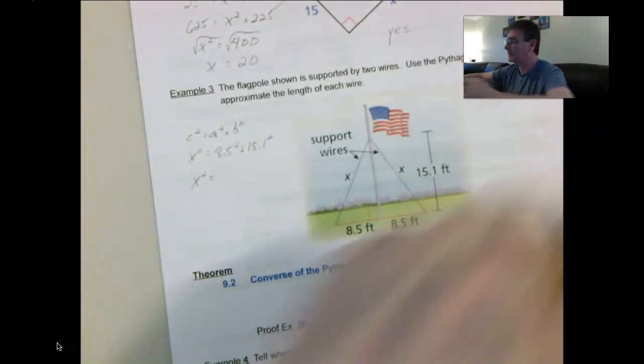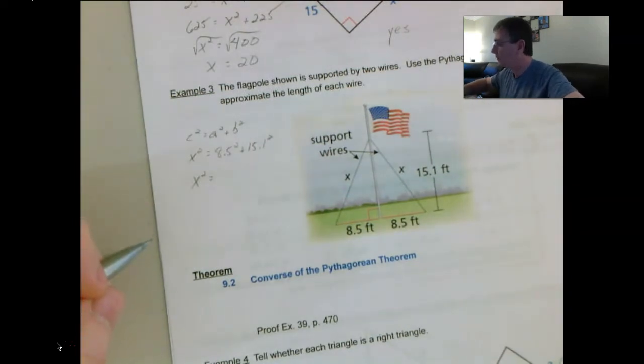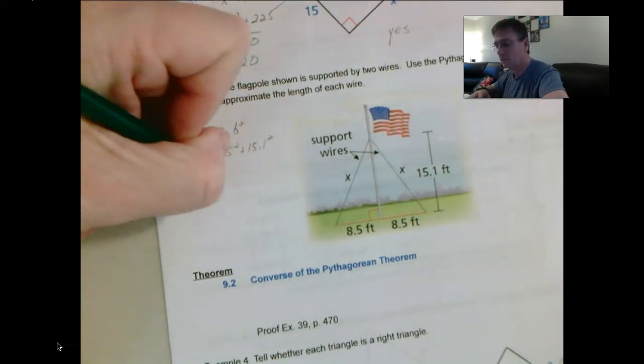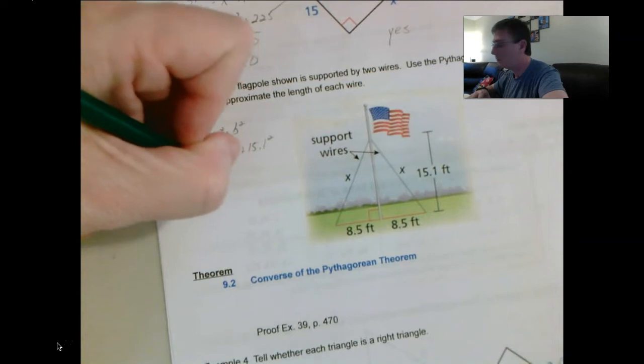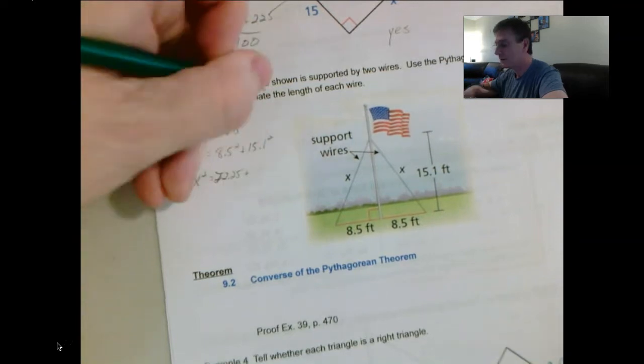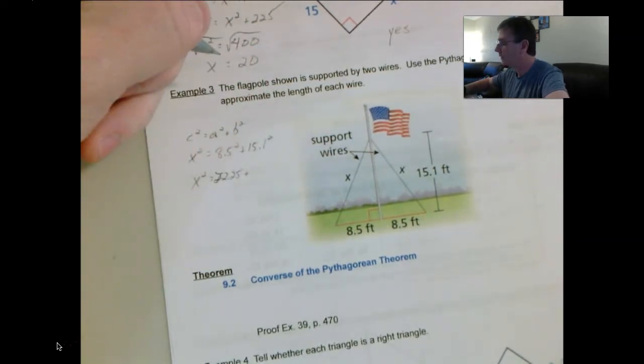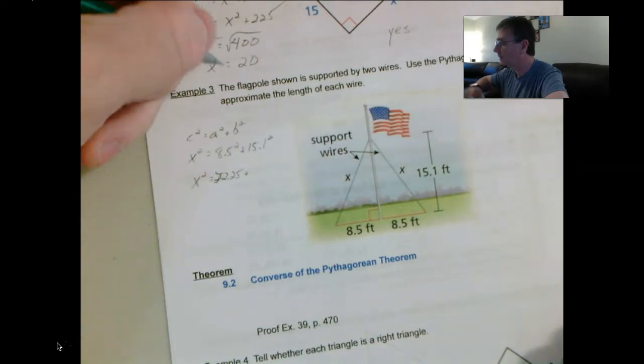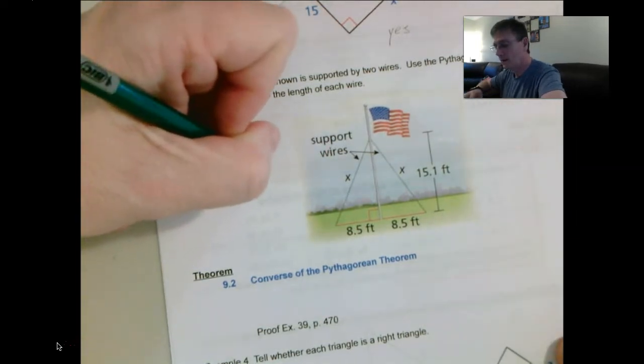I have the squared button. 8.5 squared, 72.25, plus 15.1 squared, 228.01.